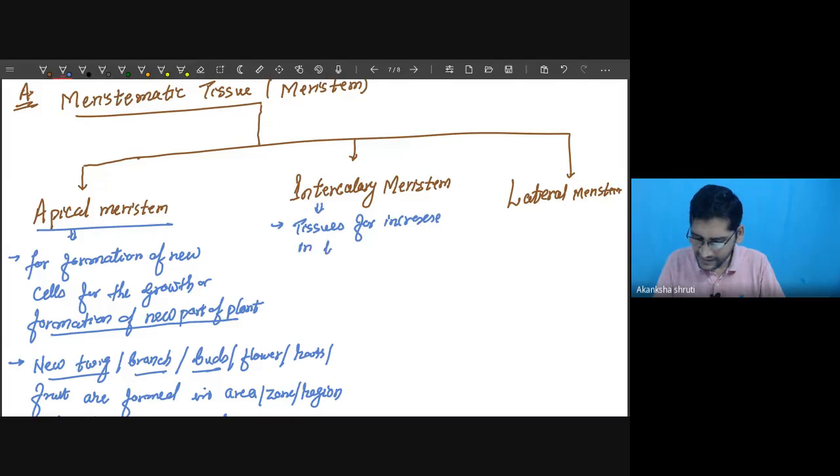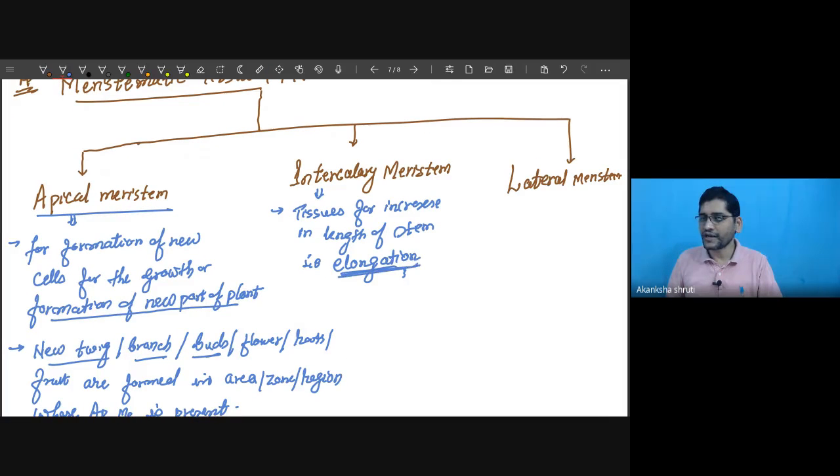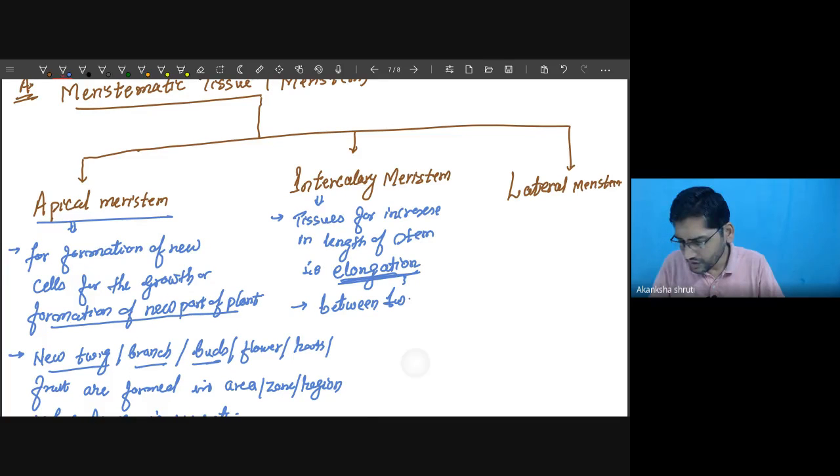This increase in length of a stem is called what? Elongation. So tissues for elongation are called intercalary. So it is always between two or more nodes.